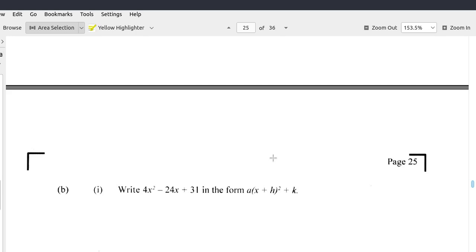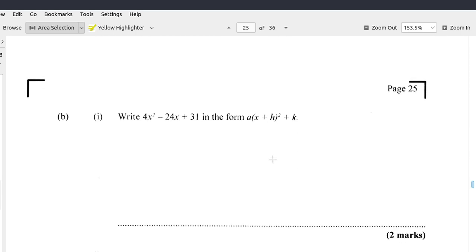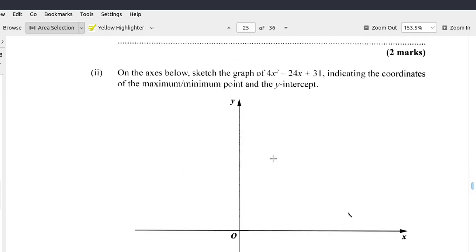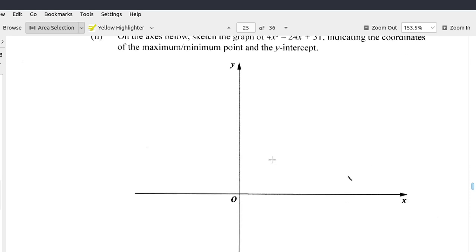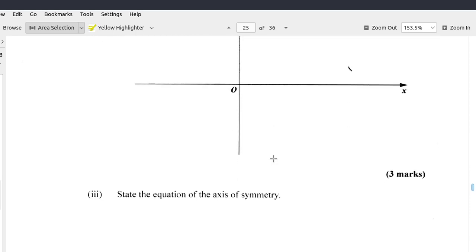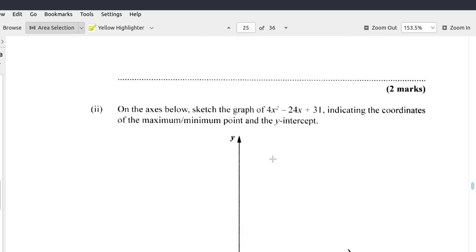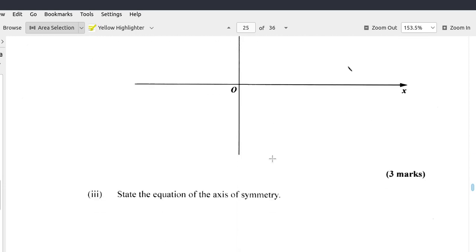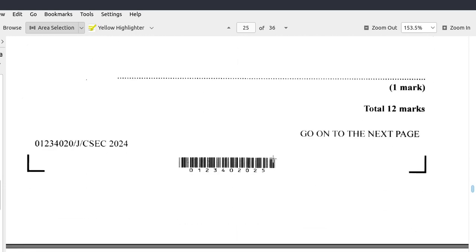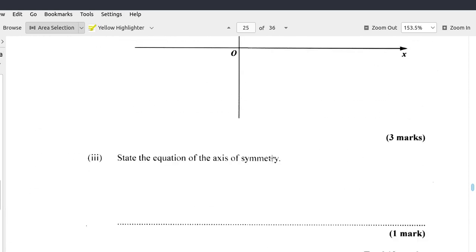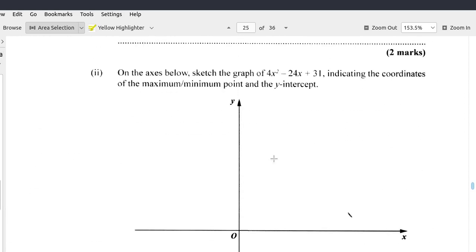You write in the form a(x + h) squared + k. And this is some amount of graph. We talk about axis of symmetry. It's the graph of a quadratic equation. So you're going to have a parabola there. And we talk about the axis of symmetry.